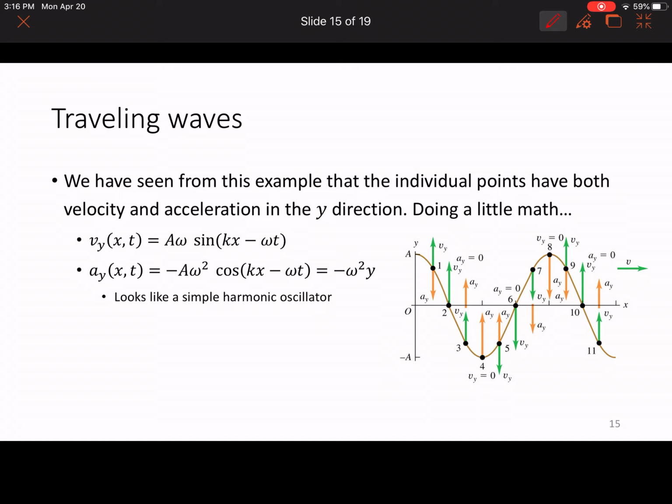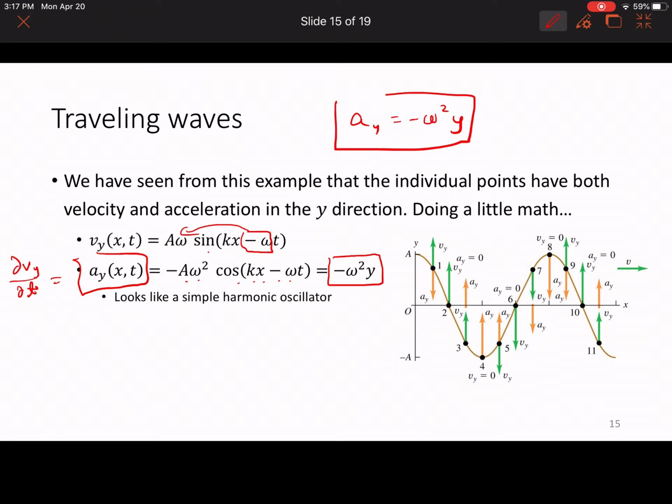So if I want to know the derivative of velocity with respect to time, that's going to give me my acceleration. That's the partial derivative of Vy with respect to t. So again, I take a derivative, I factor out a minus omega, derivative of sine is cosine, and I get negative A omega squared cosine of kx minus omega t. And what you may notice is this is simply negative omega squared times y. So acceleration in y is negative omega squared times y. Aha! That is the equation for a simple harmonic oscillator.